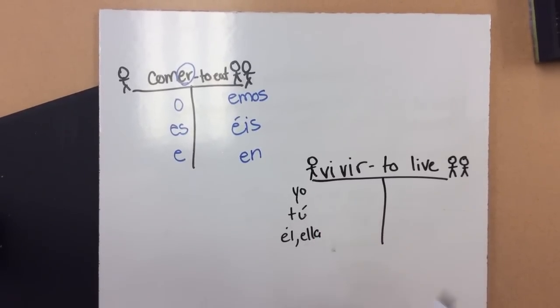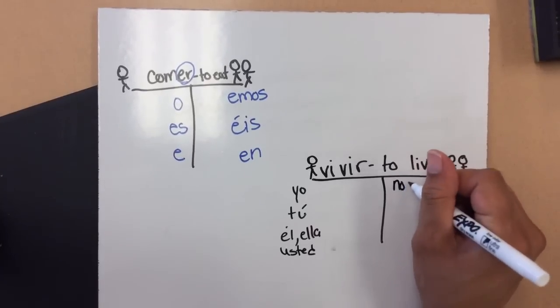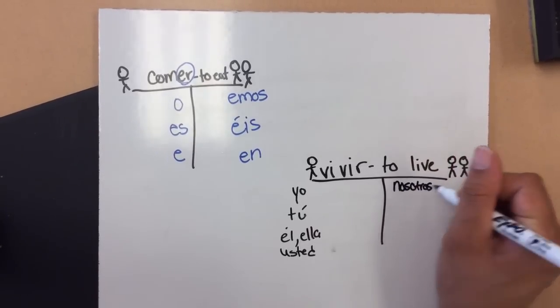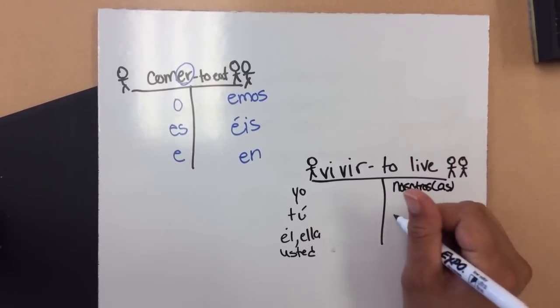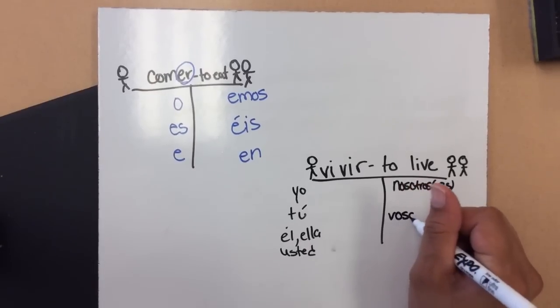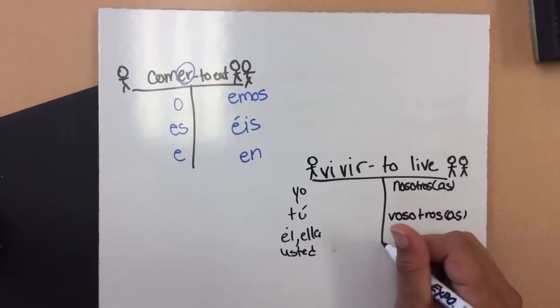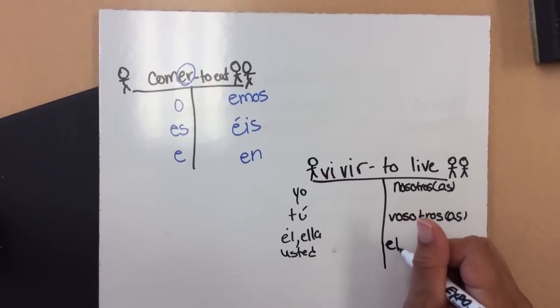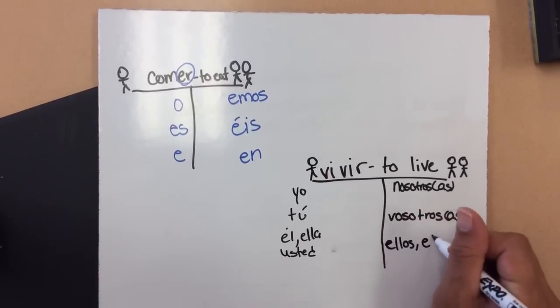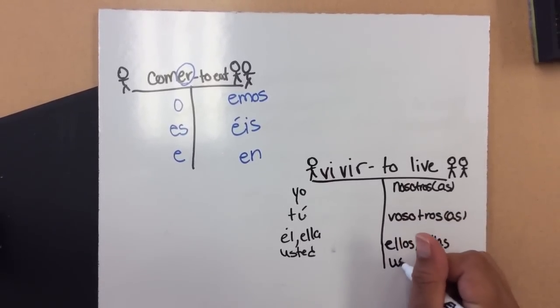Actually, let's put this down here so we have plenty of room. Nosotros, nosotras, vosotros, vosotras, ellos, ellas, and ustedes.